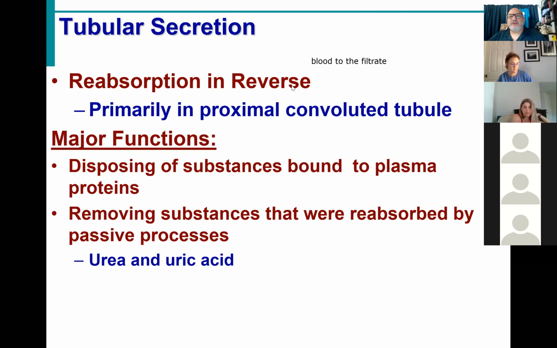The other thing too is, remember, as we talked about in the proximal convoluted tubule, there is that concentration gradient which is set up, which allows for that passive transport via paracellular pathways. And again, when it's passive, it can't be selective.